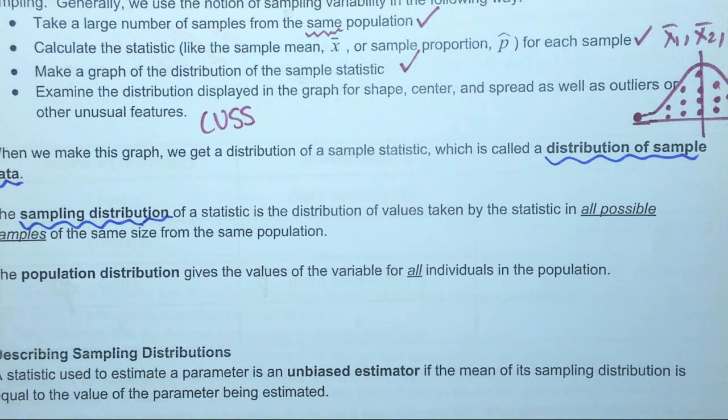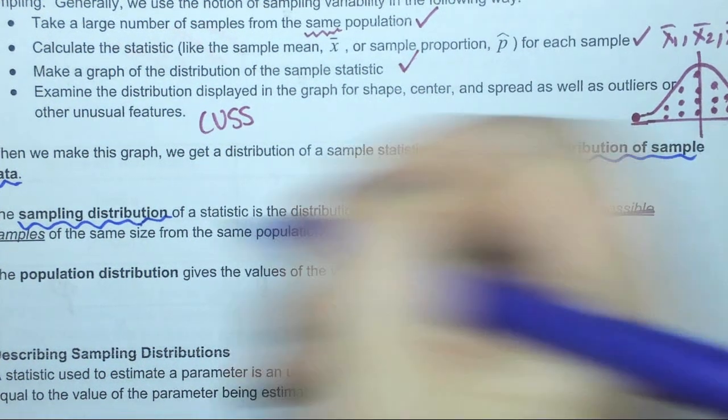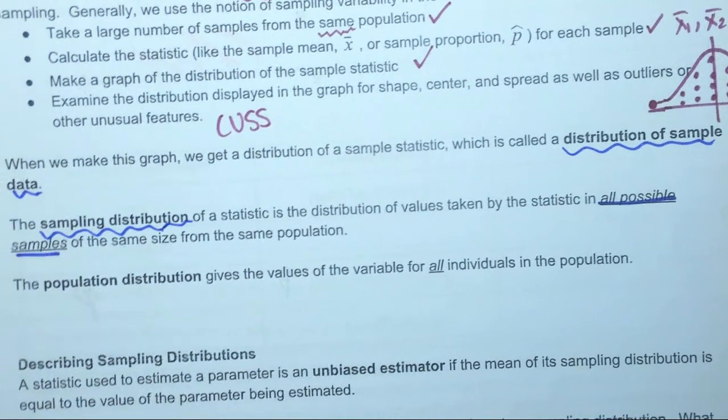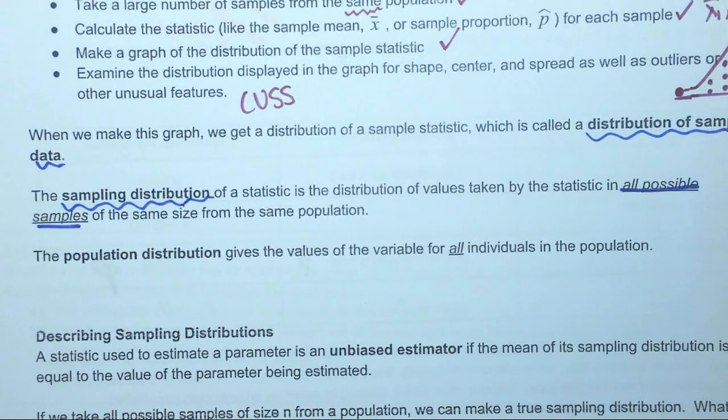The sampling distribution of a statistic is the measure of values taken by the statistic in all possible samples. So if I'm not considering all possible samples of the same size from the same population, for instance, I take a sample from table 1, I take a sample from table 2, I make my histogram. Well, I didn't technically use table 3, so is it technically a sampling distribution? No.